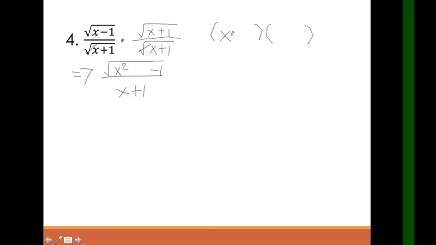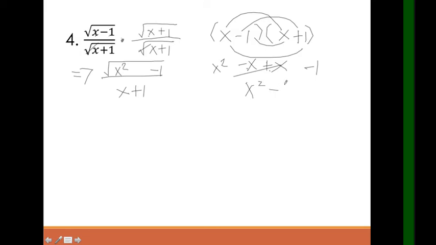So, this is x minus 1 at saka x plus 1. So, this is x squared. Ayun. So, we have x squared. And this one is negative 1. This one is negative x. And the other one is positive x. Negative x plus positive x is equal to 0. So, matitira x squared minus 1.